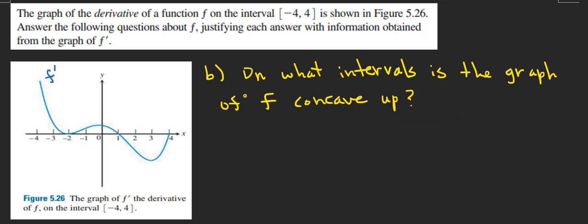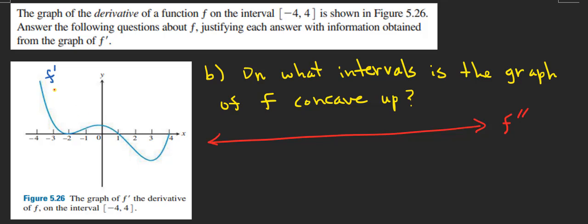Now let's look at part B. It says, on what intervals is the graph of f concave up? In order to find out the concavity of f, we need a sign chart of f double prime. Because when f double prime is positive, that means f is concave up. When f double prime is negative, that means f is concave down. But the only problem is we only have the graph of f prime.